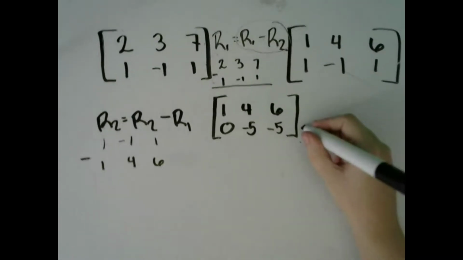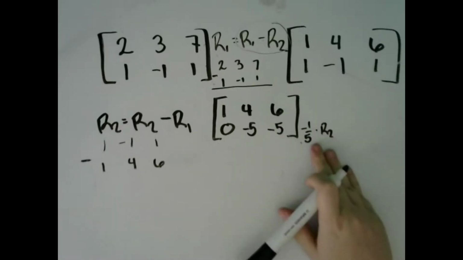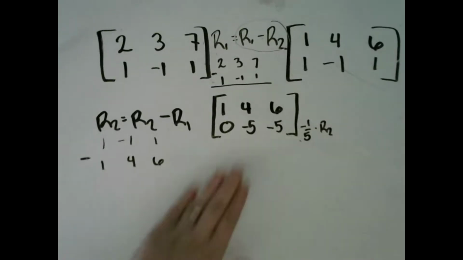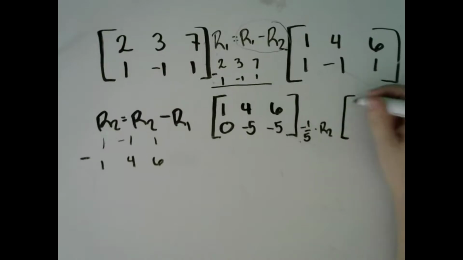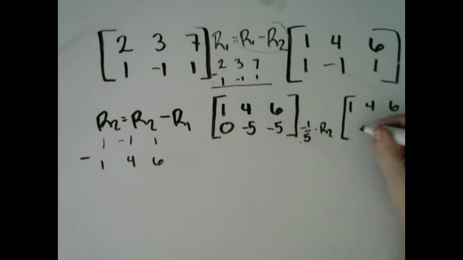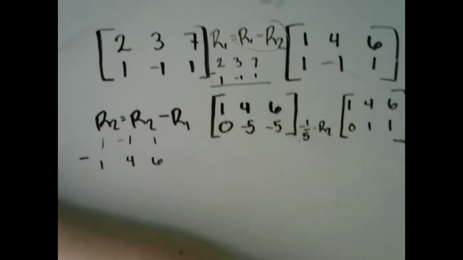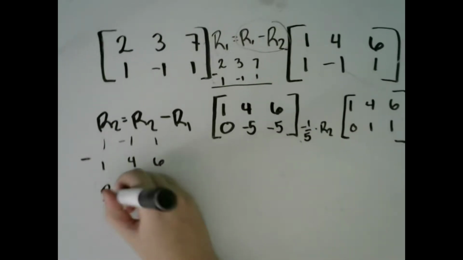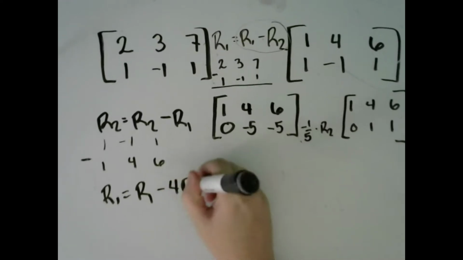The next step is to take negative 1/5 times R2, which is also the same as saying R2 divided by negative 5. This means that R1 will not change, and R2 will just be divided by negative 5. Next is R1 equals R1 minus 4R2.